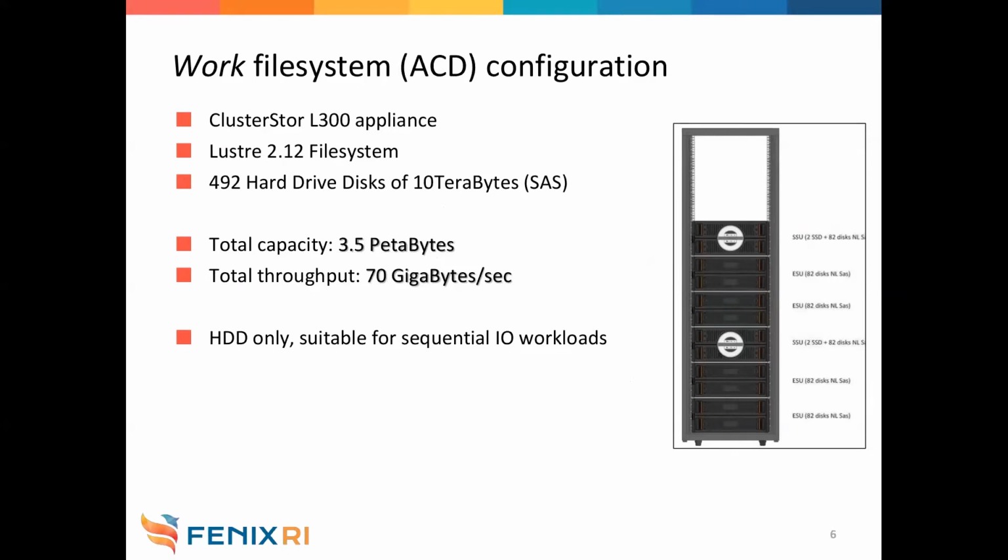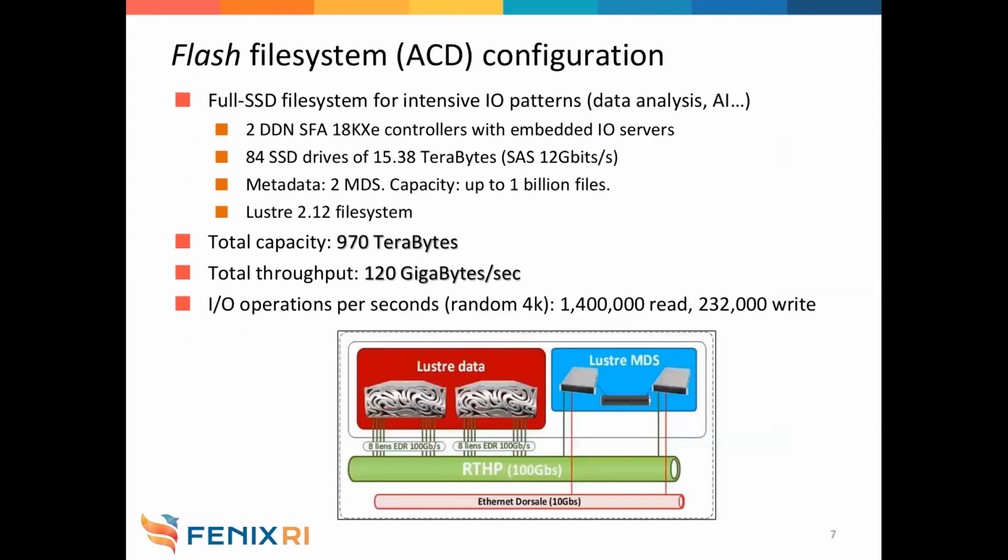So if your project request doesn't have particular needs of random IOs, you can have this file system. The other active storage is the flash file system, fully based on SSDs.